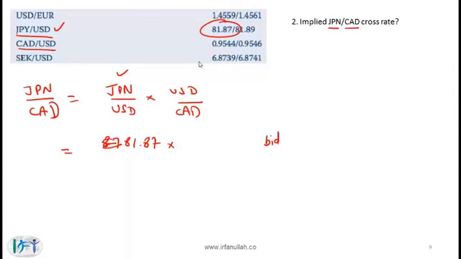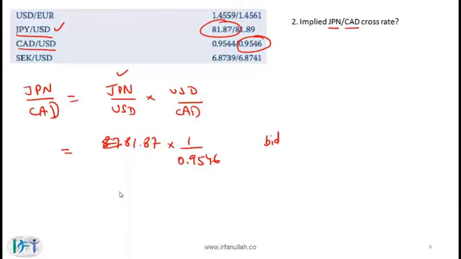To find the inverse for the bid, we need to find the USD Canadian bid, we need to get the reciprocal or the inverse of the offer. So we will multiply by 1 over 0.9546. So that's the bid.